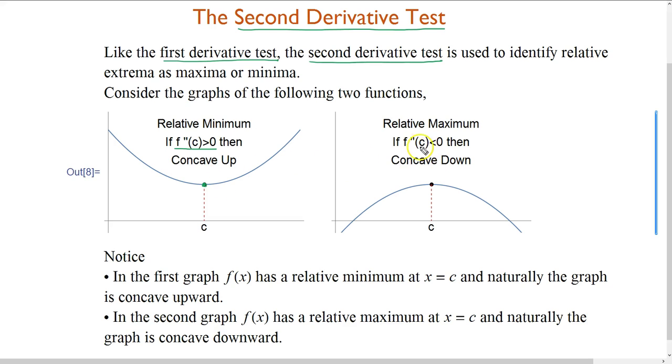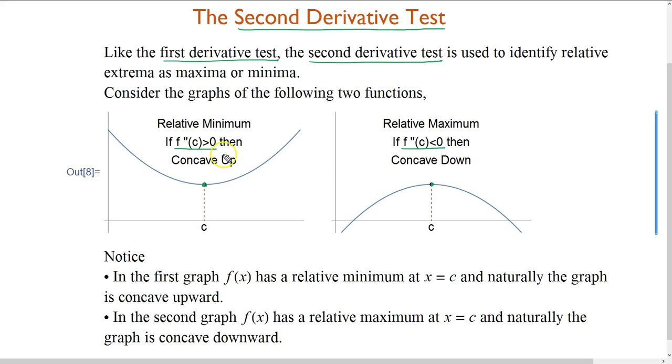On the other hand, if we assume that our second derivative is negative, then our graph has to be concave downward near c, f of c, which implies that we have to have a relative maximum. So this gives us a way of determining whether an extrema that we've found is a maximum or minimum.